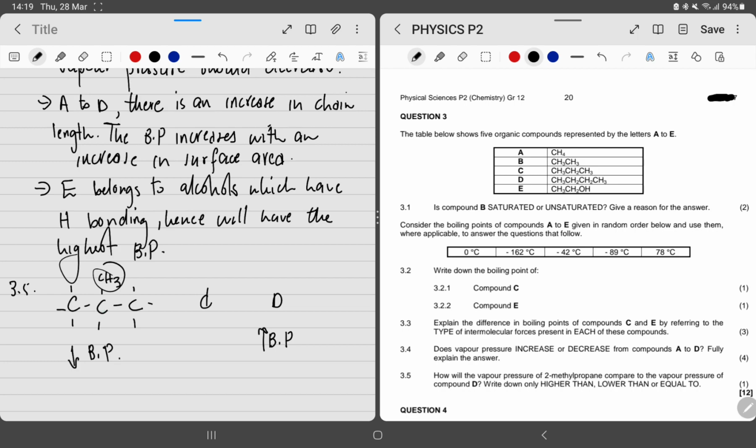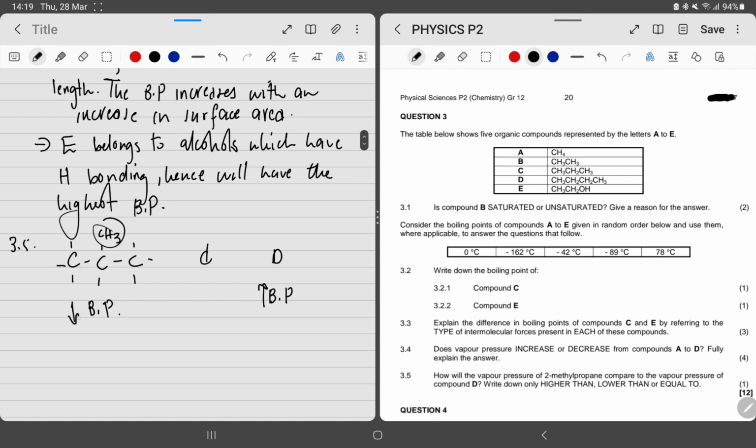So 2-methyl propane will require less energy in order for the molecules to be separated. So it will have a lower boiling point compared to D. And when the boiling point goes down, the vapor pressure should go up. So this one will have a higher vapor pressure.